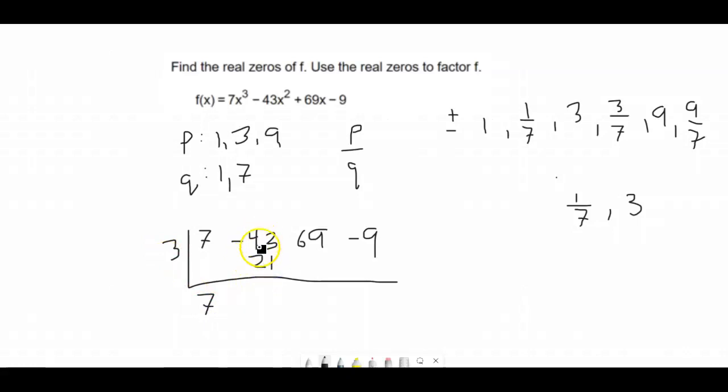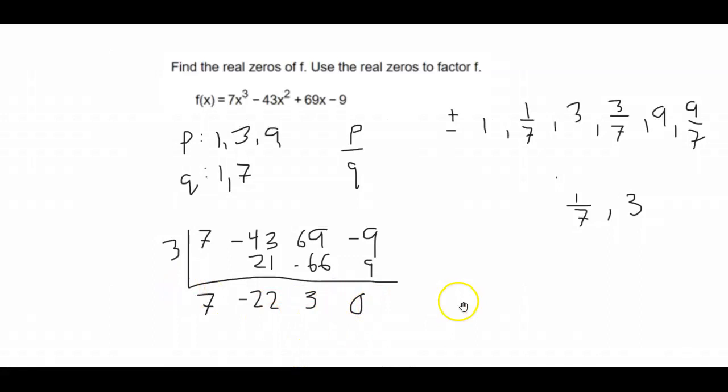So negative 43 and a positive 21 should be a negative 22. 3 times negative 22 is negative 66. Add these two together and I get 3. 3 times 3 is 9. And I add those together and I get 0, which is what I should get.